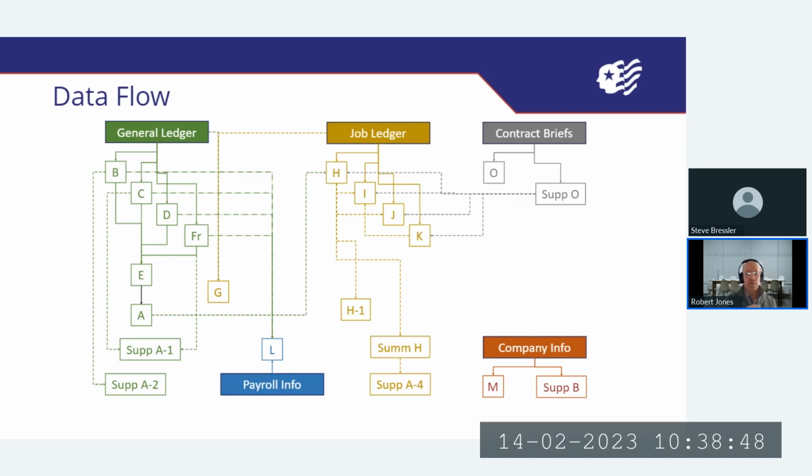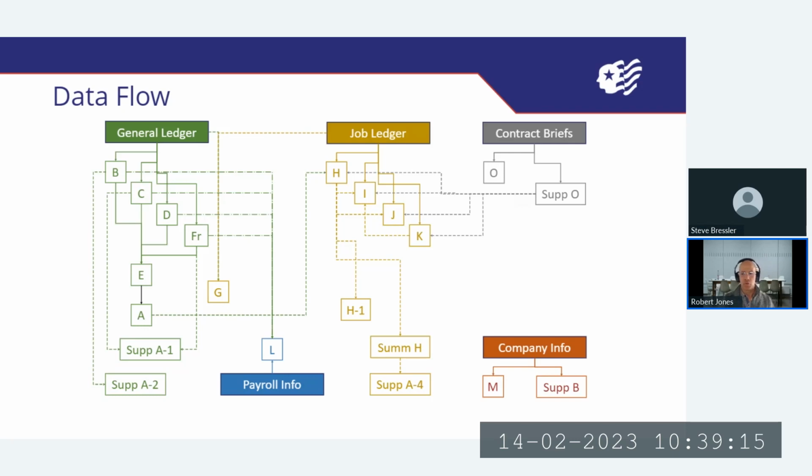I can now trace that Schedule A. If I look at the right side of the Schedule A box, I can see that flows over into Schedule H, okay? Similarly, you can see that down the far left-hand side, information from Schedules B and C flow down to Supplemental A1 and Supplemental A2, as well as some information from the fringe flows down into Supplemental A1.